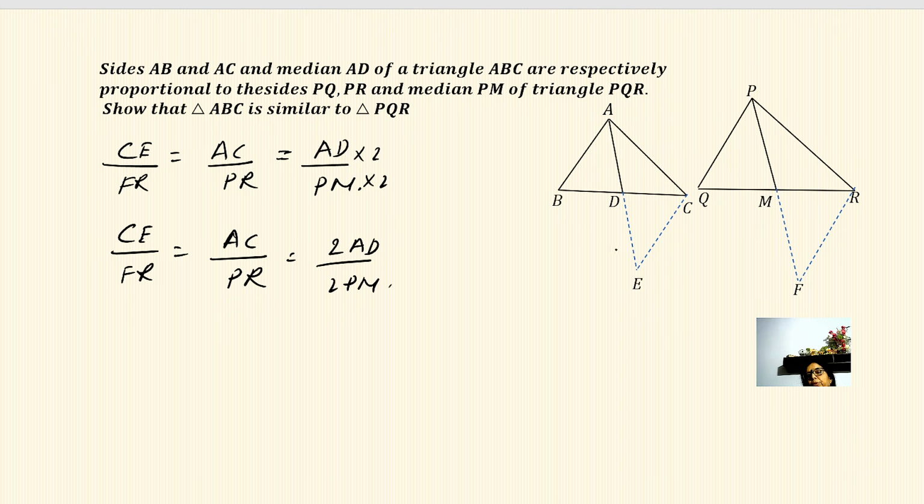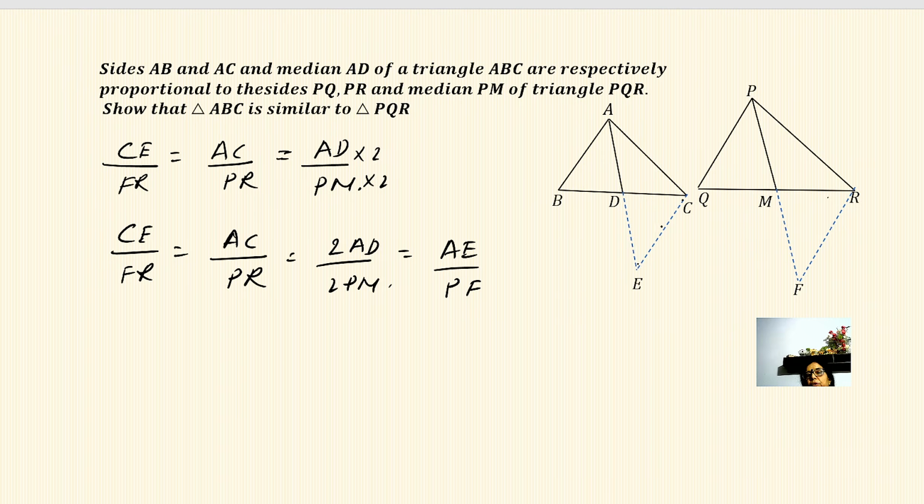So 2AD and 2PM give us AE and AF, so we can replace this with AE and AF. Now if you look at the relationship that we have got, CE is this side, FR is this side, AC is a side of this triangle, PR is a side of the triangle, AE is this side of this triangle, and AF is a side of this triangle.